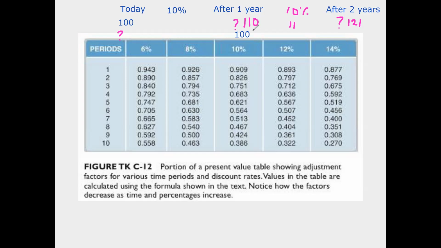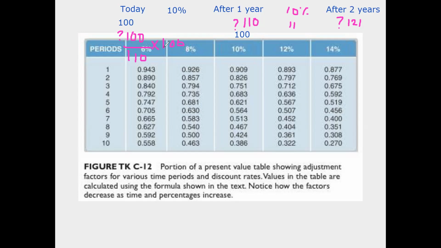On the other hand, if you want to have 100, how much do you need to invest? The idea is to get 100 here, you have to divide by 110 and multiply by 100. So you have 100, divide by 110, multiply by 100. That's what you need to evaluate.